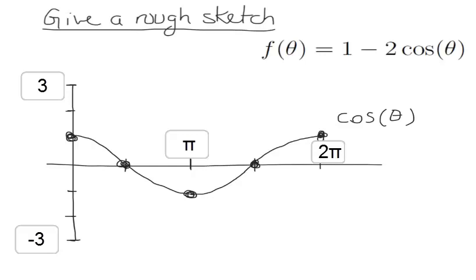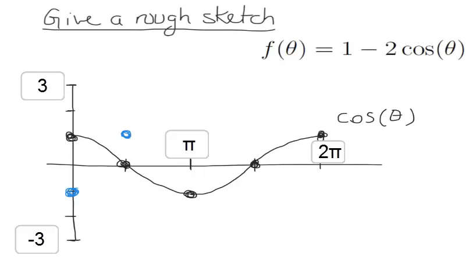So here I've plotted our usual cosine function, cosine of theta, using our 5 standard points. Now let's use the 5 points we got from the third column on our previous slide to graph 1 minus 2 cos theta. Our first point is 0, negative 1, and that is here. And then we have pi by 2 and 1, which is here.